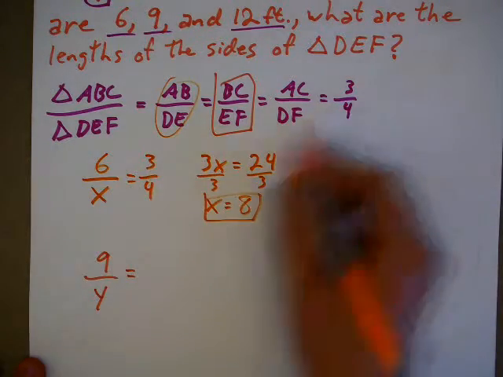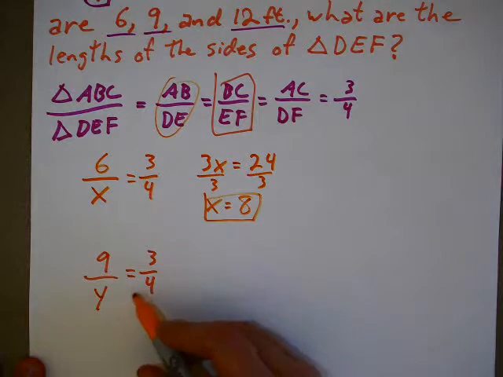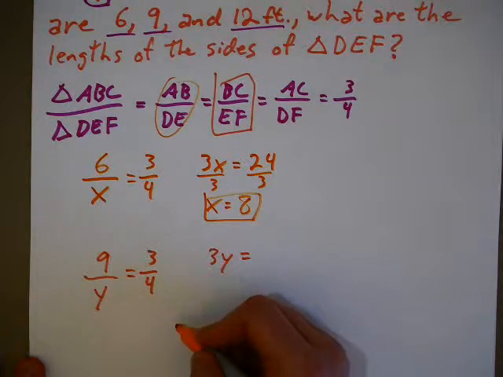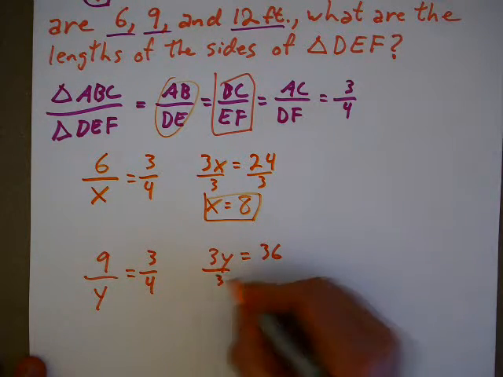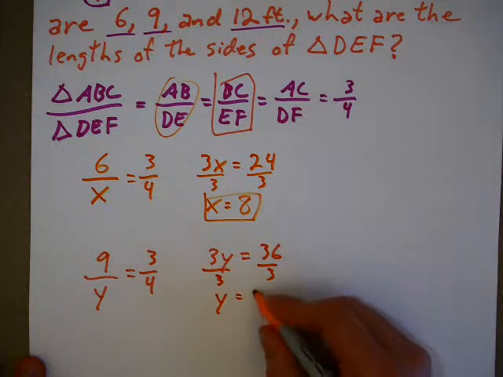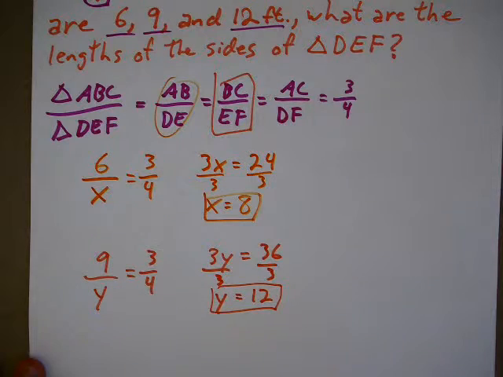And again, it's going to equal our same scale factor of 3/4. So I'm going to cross multiply, so I get 3y equals 9 times 4, which is 36. I'll divide both sides by 3. And so my second side, we can see, is 12.